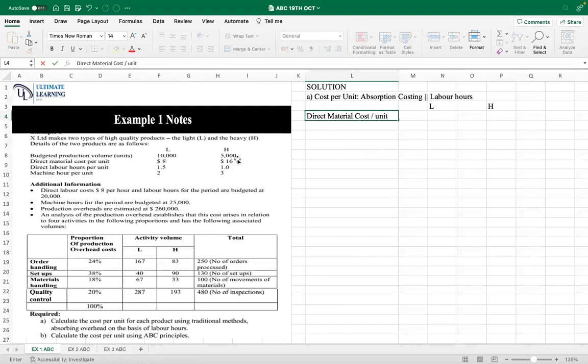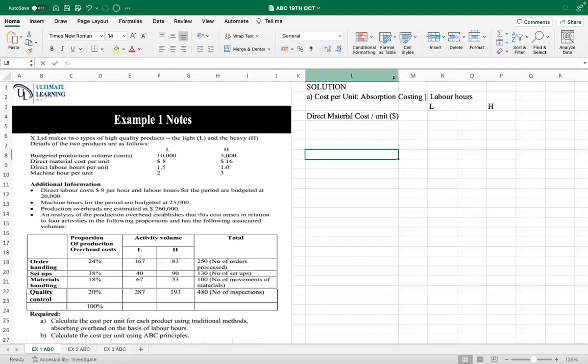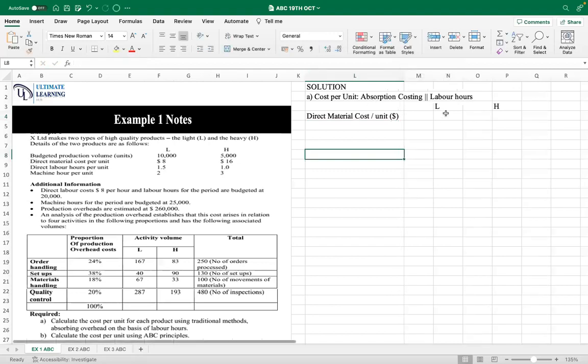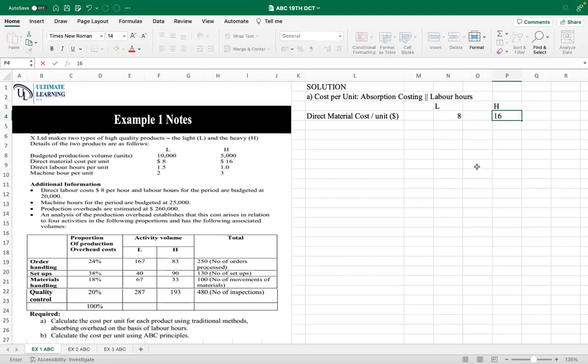It is $8, and so it is in dollars. So direct, it is 8. And on this other side, it is 16. I'm just picking it directly from the question. 8 and 16, and you can see it is dollars.